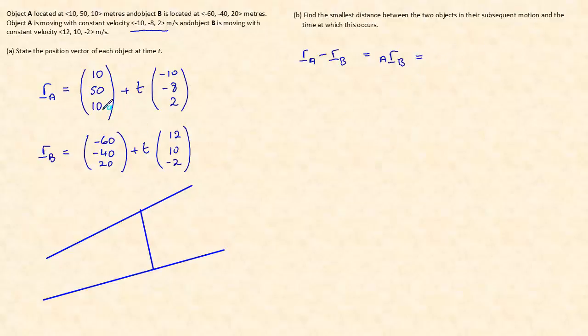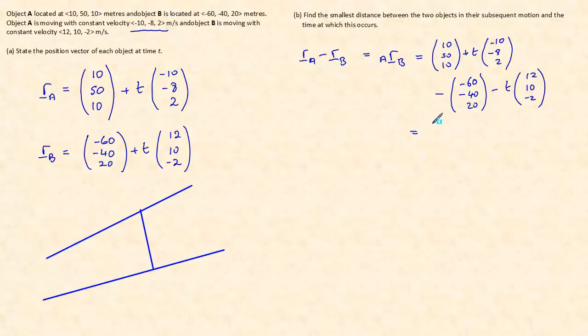So what we're going to do is (10, 50, 10) plus t(-10, -8, 2), take away (-60, -40, 20), and also take away t(12, 10, -2).